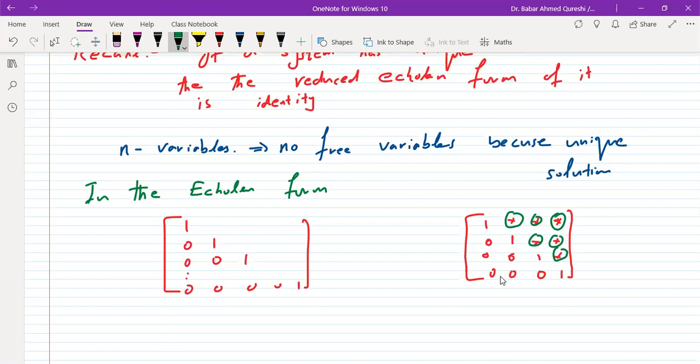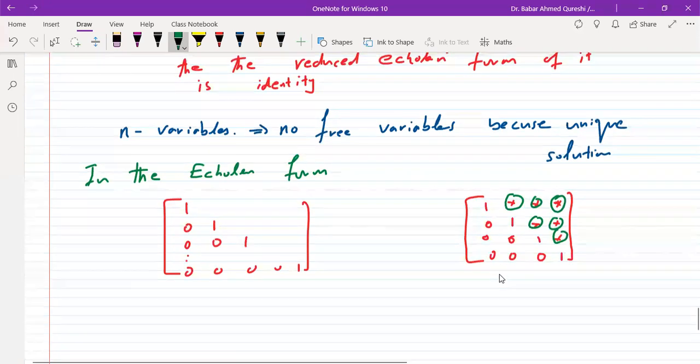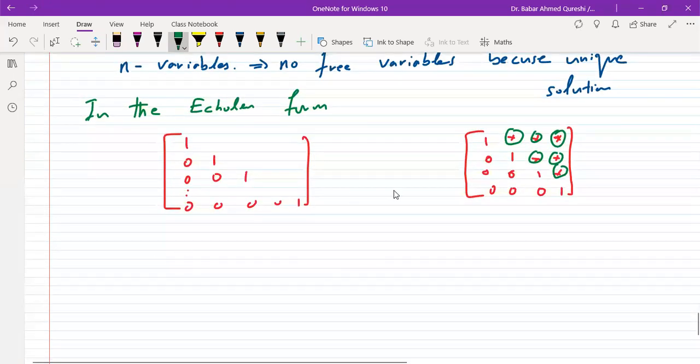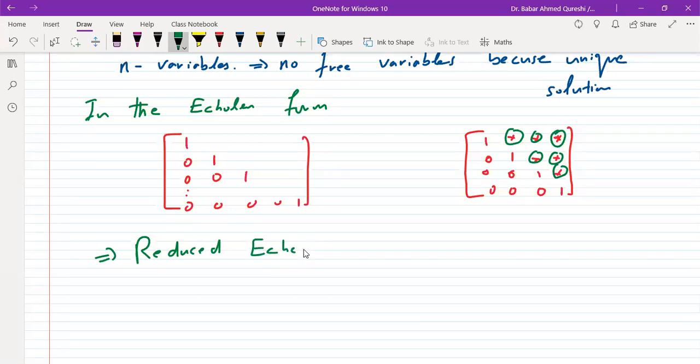I will not get a completely 0 row. So for the reduced echelon form, in the ith row the lead variable appears at the ith place, and in the reduced echelon form, I eliminate everything above and below the lead variable. The reduced echelon form is exactly identity. Zeros everywhere else.